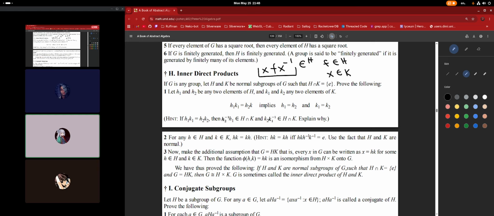Basically, this is saying that for them to be inverses of each other, if you build a commutator, the whole thing must be equal to identity, because identity is the only intersection between H and K, right? Sure, I can understand that.